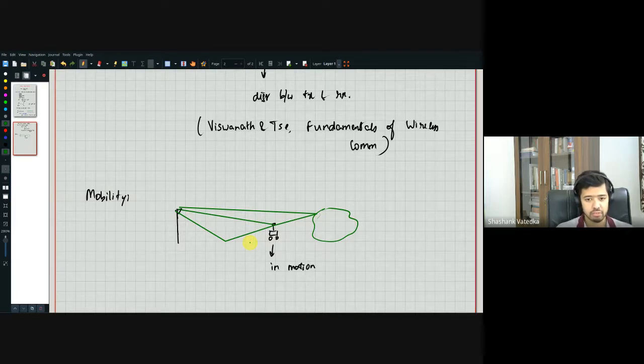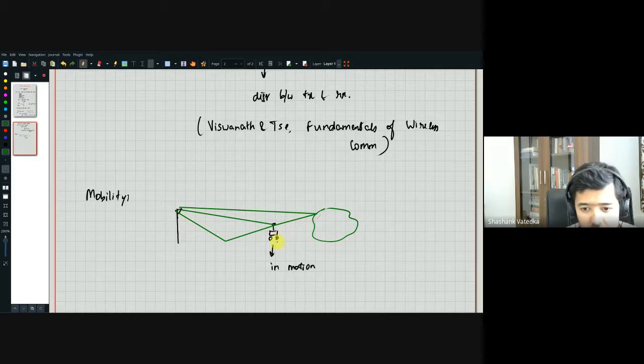If the wavelength of the signal is comparable to the difference in the distances along each of these paths, then you once again have self interference occurring. You can have destructive interference occurring at the receiver.